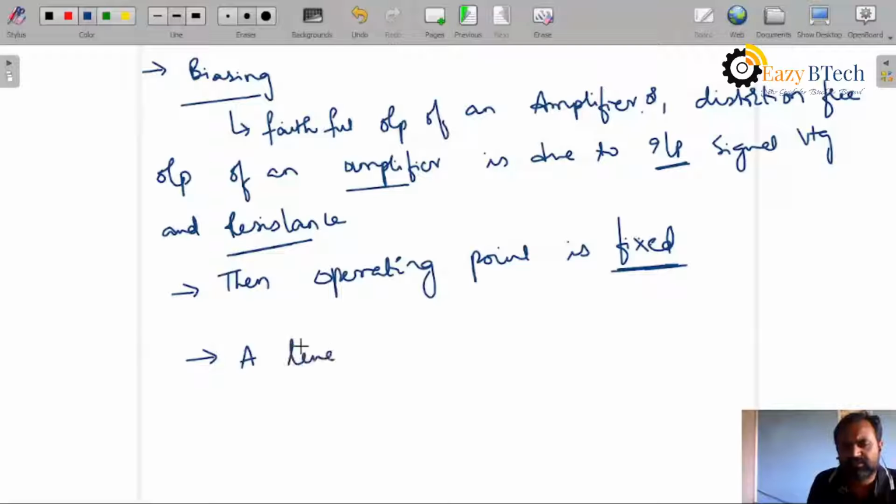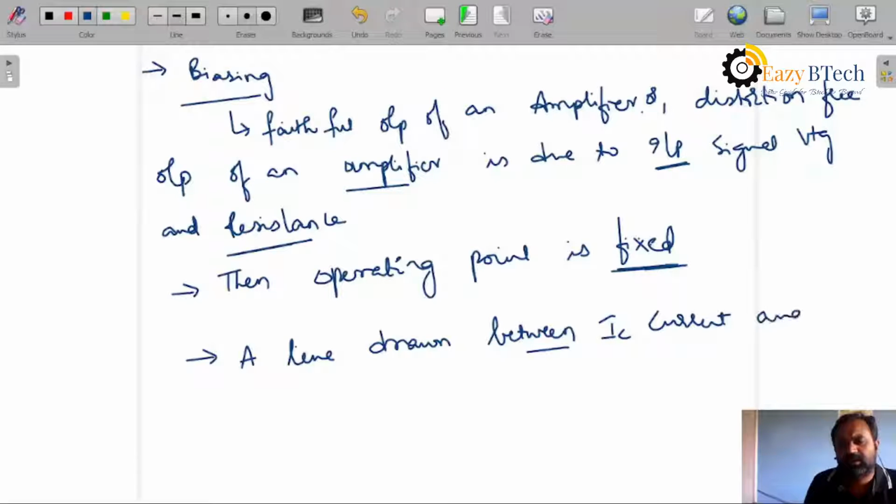A line drawn between IC current and output voltage is known as the load line.